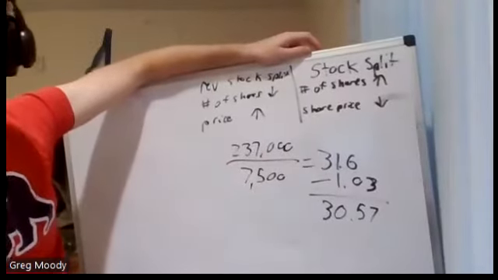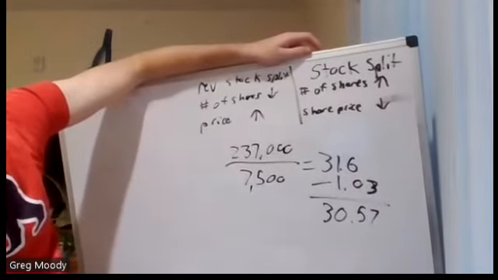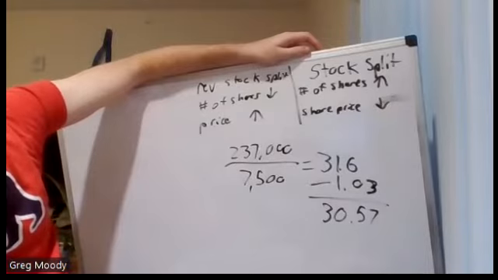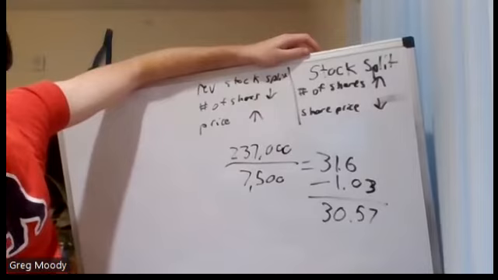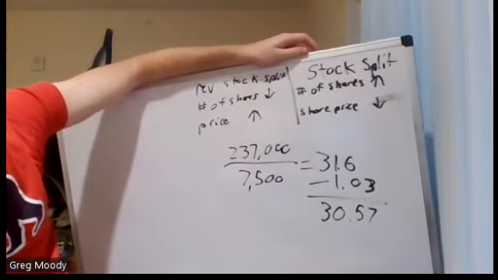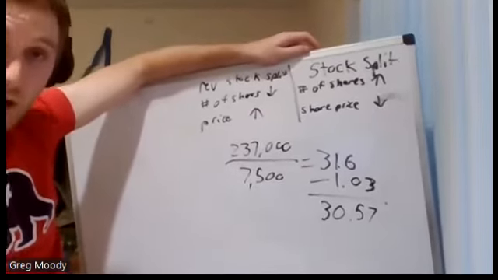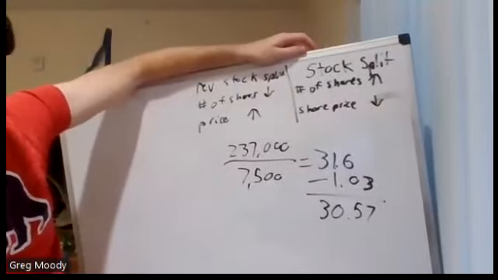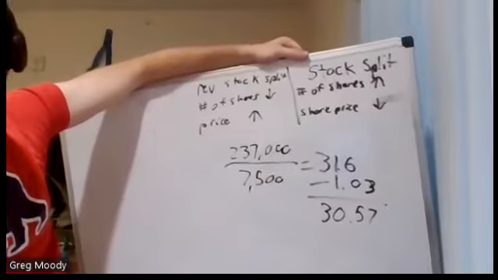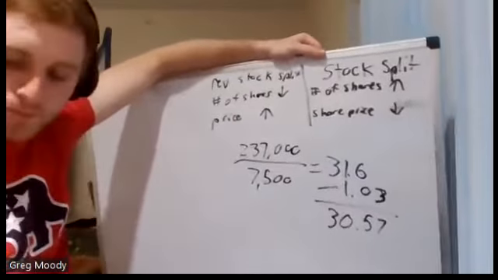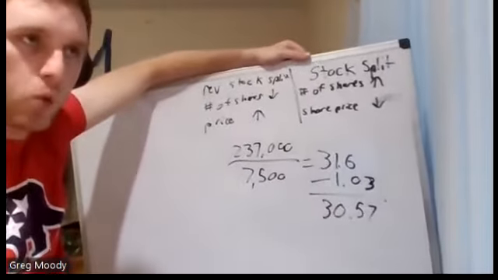Let me see. So this is ignoring tax. For this one it'll work, but the next one we do includes tax, which will throw it off.